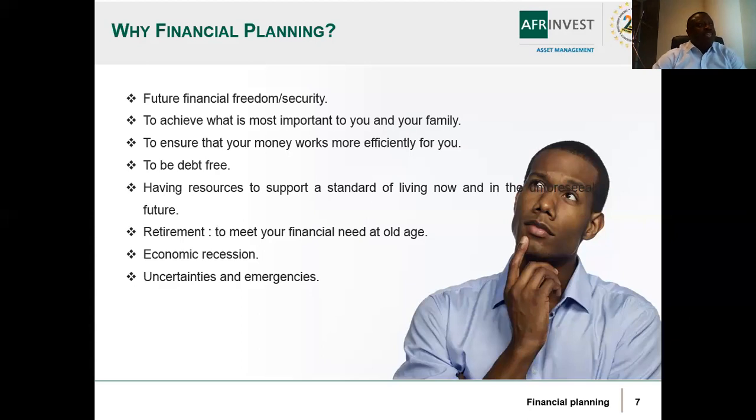One of the key reasons you also plan is to meet your financial needs at old age. That's retirement. So financial planning is very key. It's not something that should be taken lightly. You also plan to achieve the most important things in your life and your family.